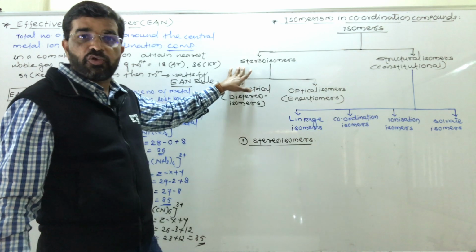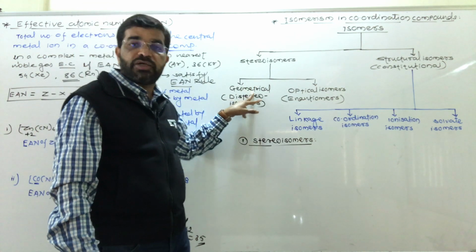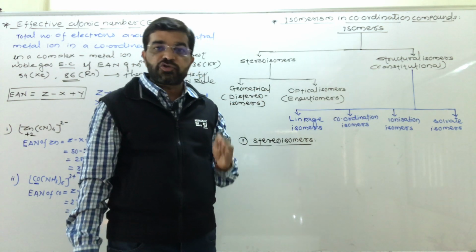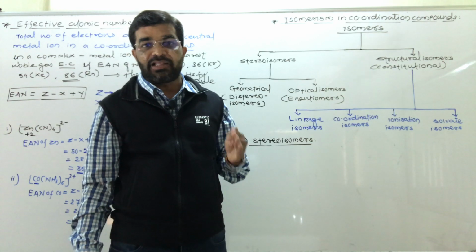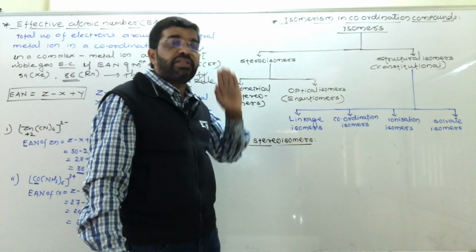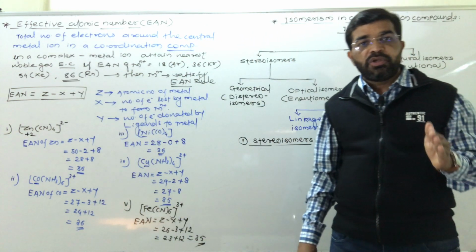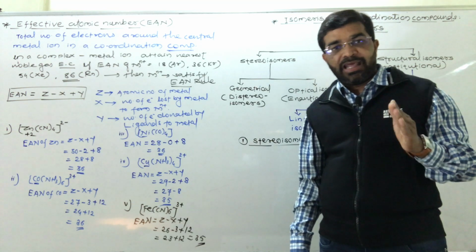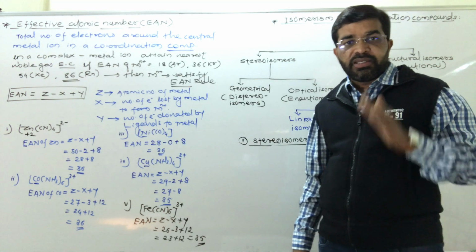Now again, stereoisomers are of two types. Geometrical isomers. Geometrical isomers are also known as diastereomers. And optical isomers, that is the enantiomers. About the optical isomers, we have studied in haloalkanes and arenes, that is the enantiomers.